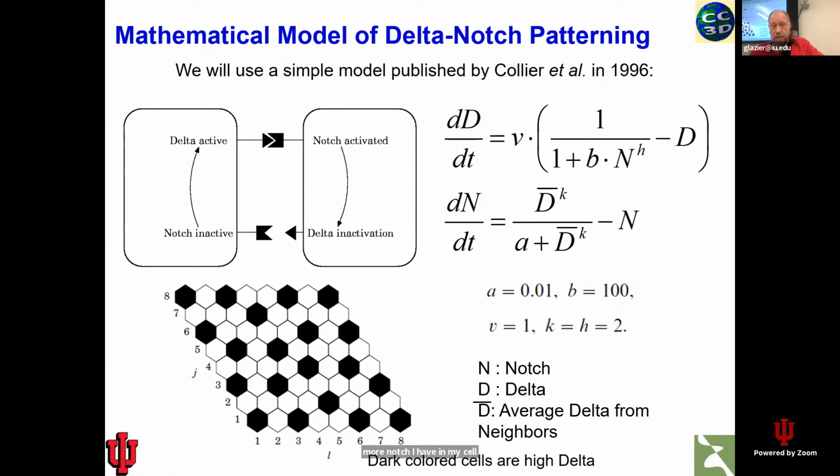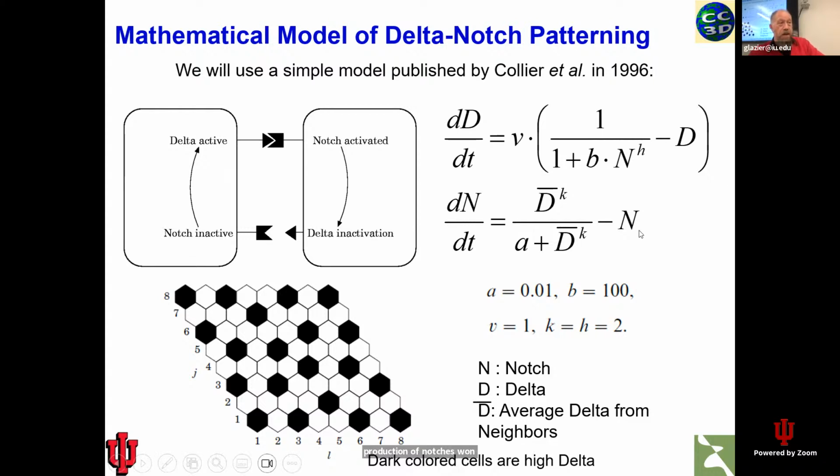This is what's called an activating Hill function. If my neighbors have no delta, I produce no notch. If my neighbors have a lot of delta, this delta neighbor to the k over alpha plus delta neighbor to the k, the maximum value of that is 1. So if my neighbors have a lot of delta, then the rate of production of notch is 1.